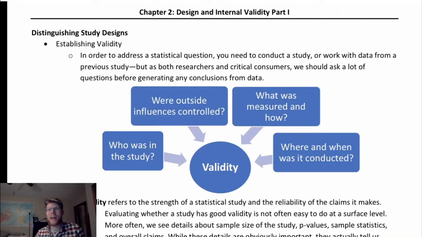What was measured and how was it measured? What choices were made in terms of instrumentation? Where and when was it conducted? Those are all questions we need to answer in order to understand how strong this design is and what kind of claims are really appropriate to make from this data.